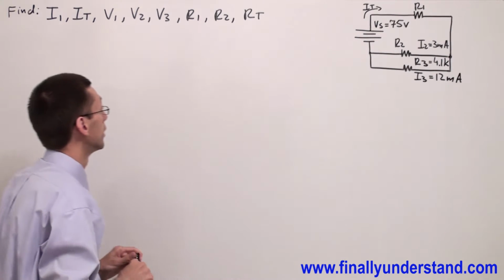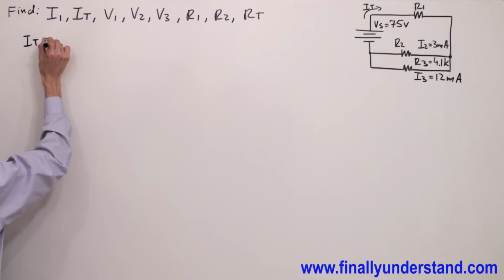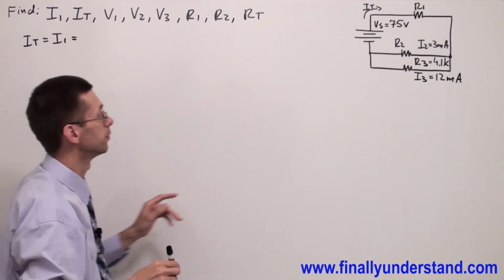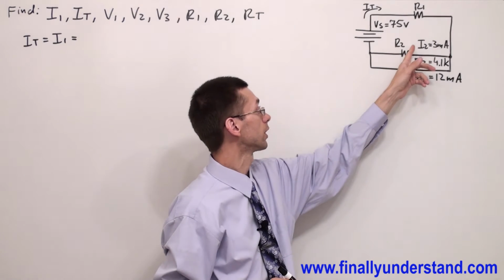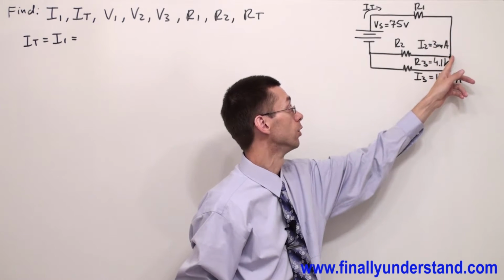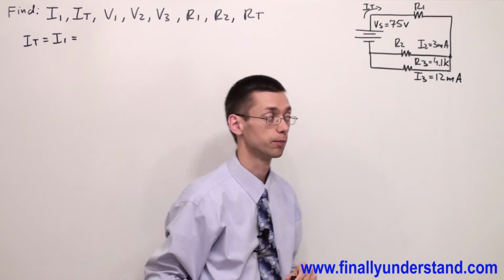So I can write that I total is equal to I1, and this is nothing else, just the sum of two currents, I2 and I3. Why? Because I total is going to split, right, into two currents, I2 and I3.